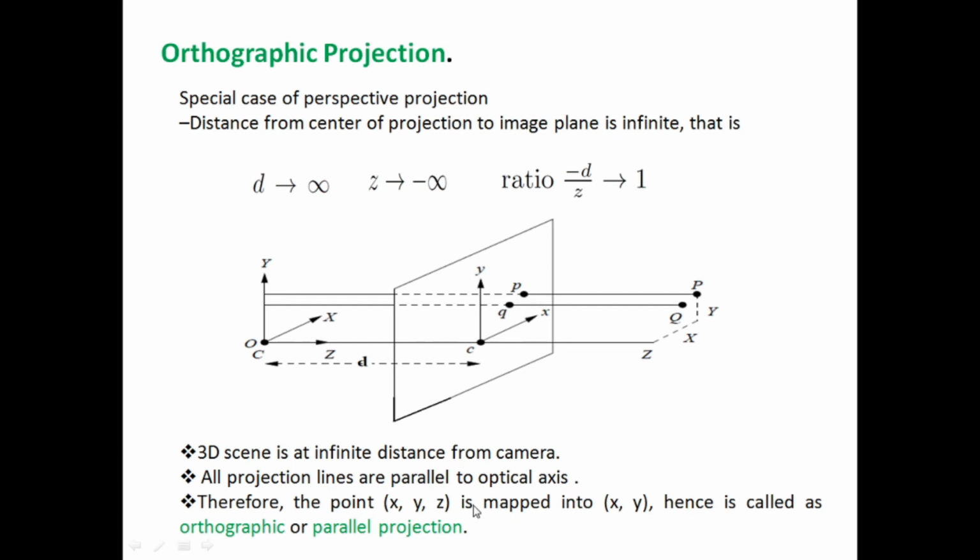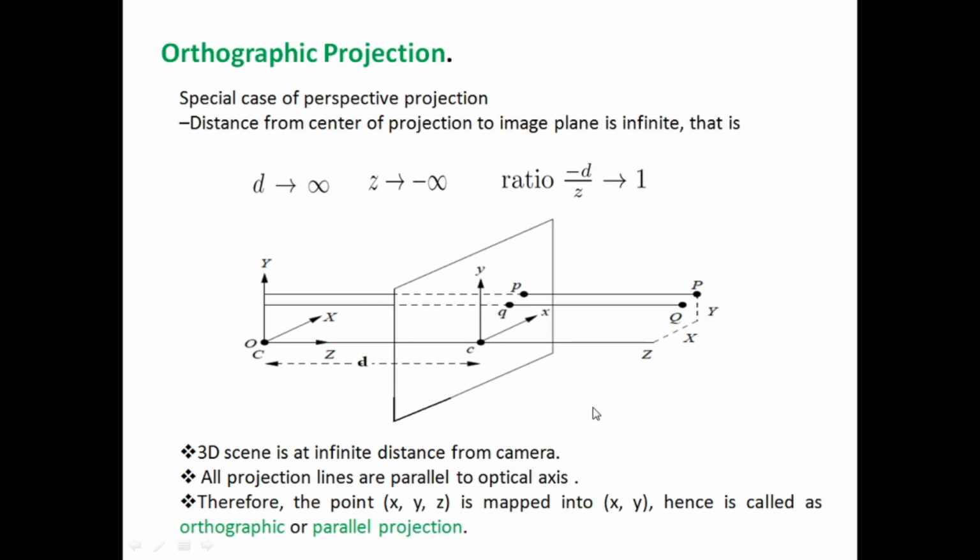Hence the third coordinate is ignored, and hence it is called an orthographic or parallel projection. That means this scene coordinate x, y, z is mapped into x, y in the image plane. That means a 3D to 2D projection is happening, right?